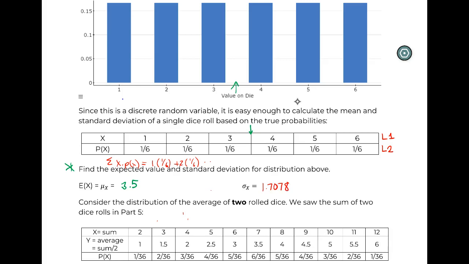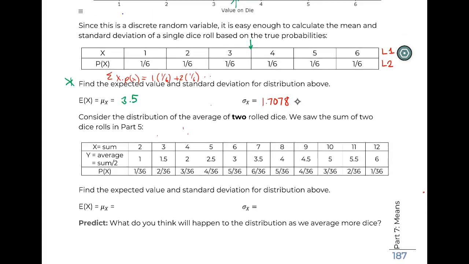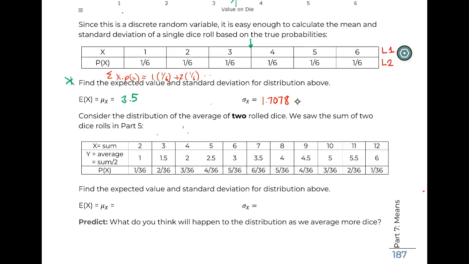So that has nothing to do with the sample mean. This is just an actual value from one pull. Now, if we want to consider the distribution of the average of 2 rolled dice, we're looking at sampling 2 things and looking at an average. Therefore we could make a new distribution.